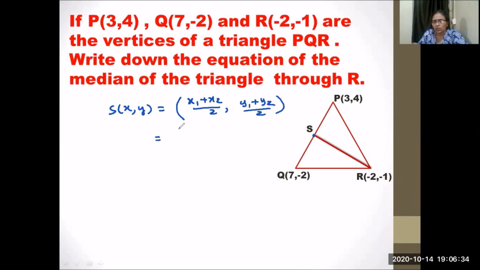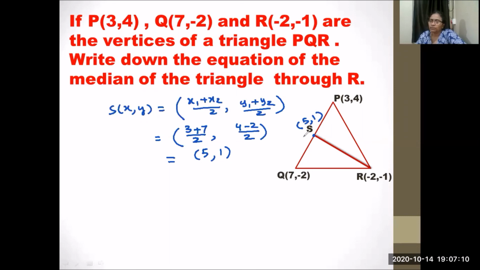If I take P as (x1, y1), 3 and 7 as x's: (3 plus 7) by 2, and 4 and minus 2 as y's: (4 minus 2) by 2. So it will be 10 by 2 is 5 and 2 by 2, that's 1.